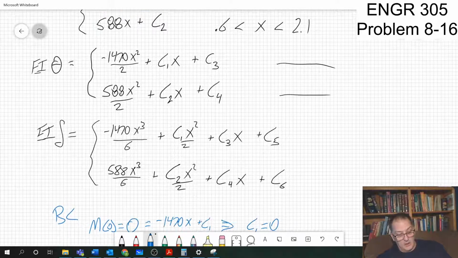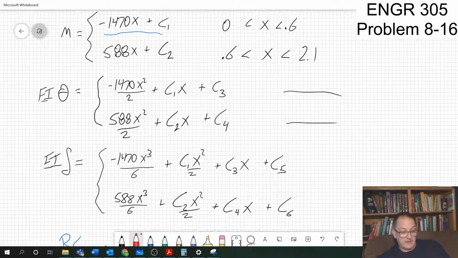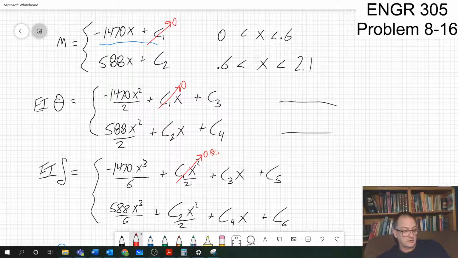And this is boundary condition 1. So now I could start going through and I could say 0 for BC1, 0, 0. So I don't have to deal with that anymore.